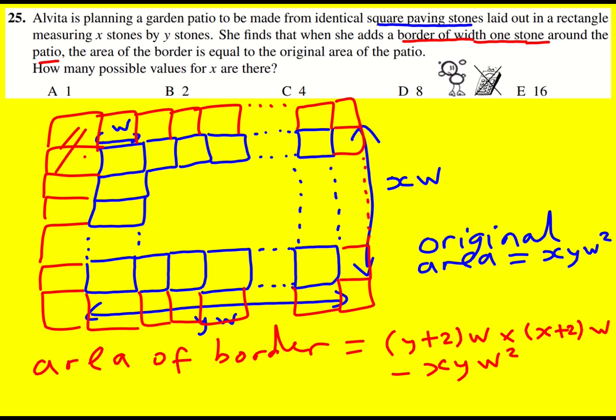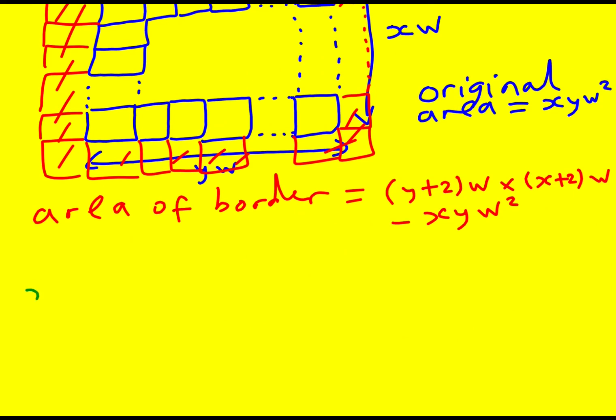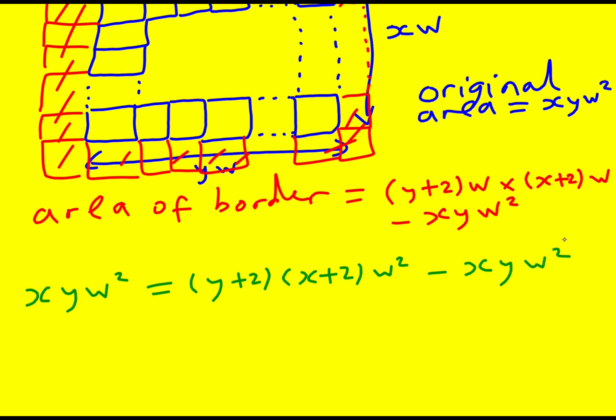That will be the area of the border by itself. Now we're told that the area of the border is equal to the area of the original patio, so I can construct an equation. xyw squared is equal to y plus 2, x plus 2, w squared, minus xyw squared.